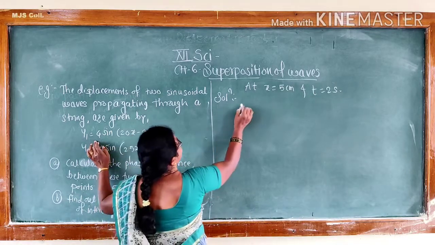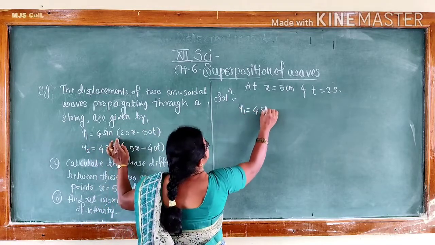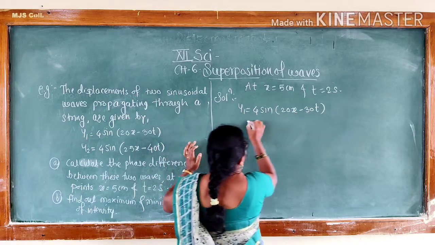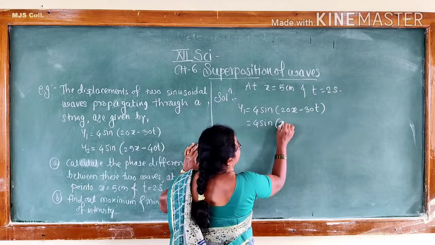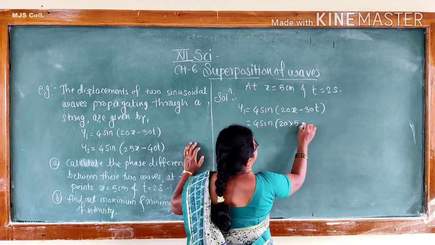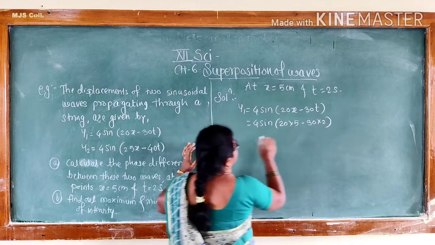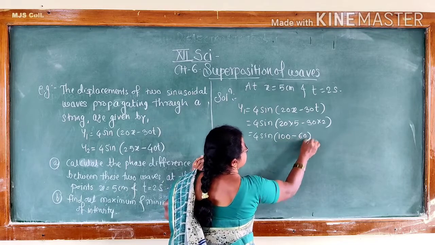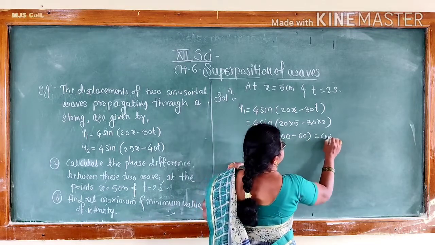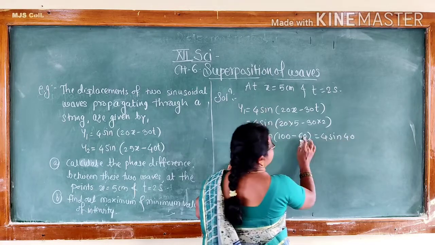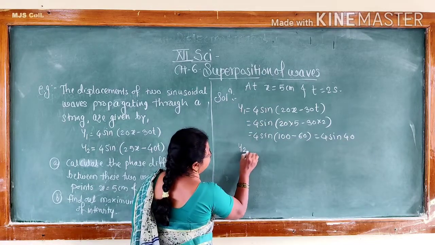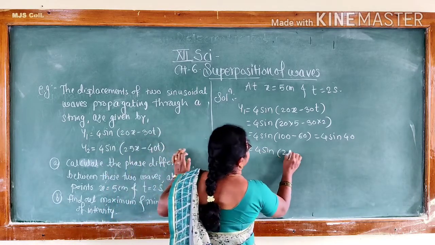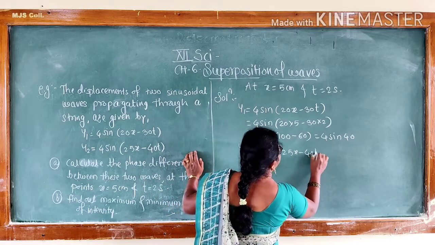Okay, so this one y1 becomes 4 sine of 20x minus 30t, which becomes 4 sine of 20 multiplied by 5 minus 30 multiplied by 2, which is equal to 4 sine of 100 minus 60. That is equal to 4 sine of 40.